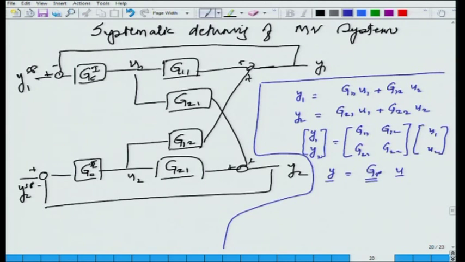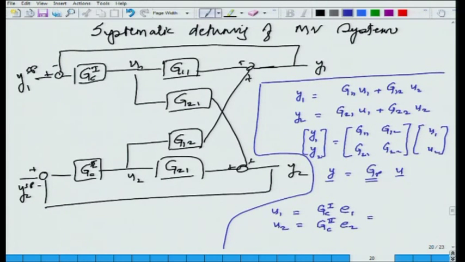Okay. Now that we have done this, what is U equal to? You will find that U1 is actually equal to GC1 times E1. That's actually decentralized control. In that, input 1 is moved based only on E1, you do not care about what is happening to error 2, and U2 is moved based only on error 2, independent of what is happening to error 1.